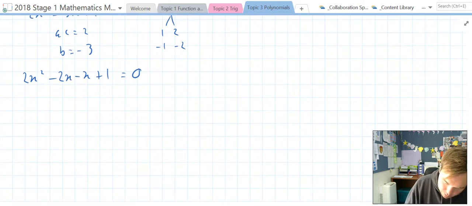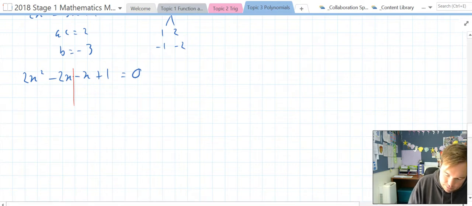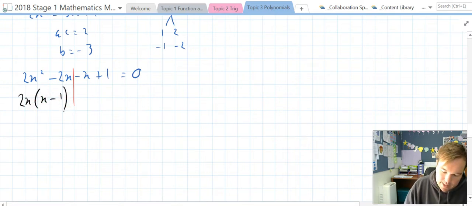Alright, once again we're going for two halves here, but this time we might have to be a little bit tactical. Here we can take out our highest common factor of 2x, which would leave us with x minus 1. Now here, it doesn't look like there's any common factor. So really the only common factor is 1 or minus 1.